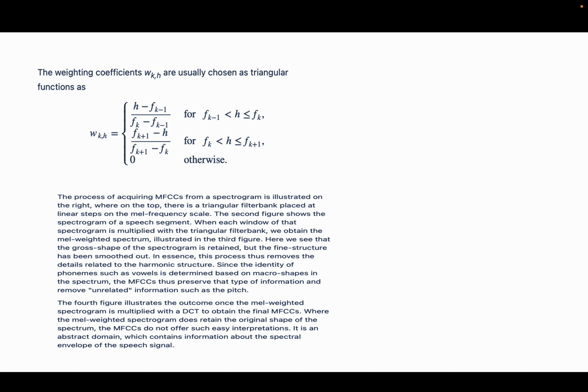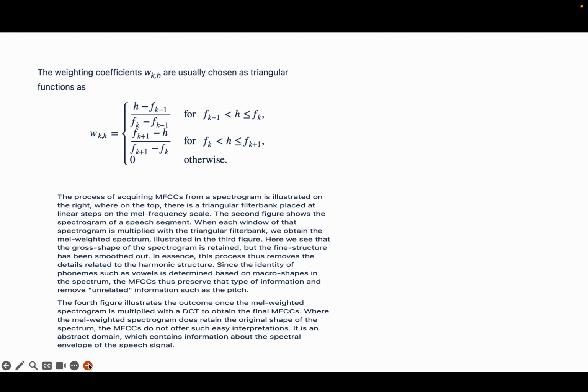When each window of the spectrogram is multiplied with the triangular filter bank, you can see the MEL weighted spectrum that should be illustrated in the third figure. The fourth figure then shows the outcome once that is multiplied with a discrete cosine transform to obtain these final cepstral coefficients.